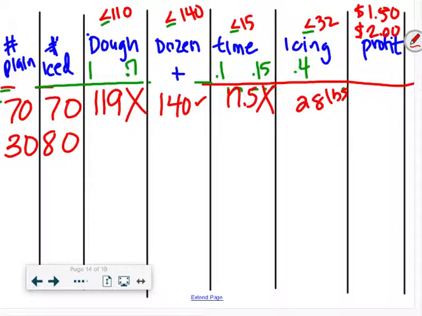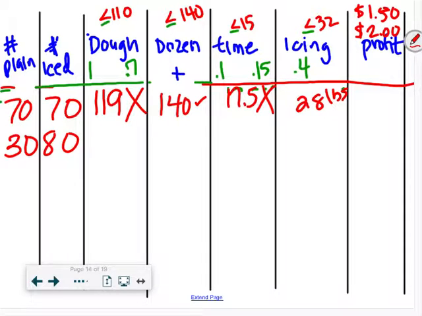Yeah, try that. You could have a maximum of 80 ice.